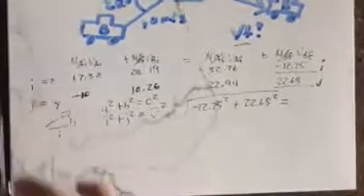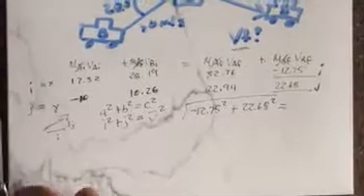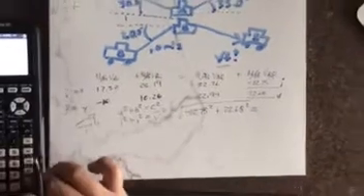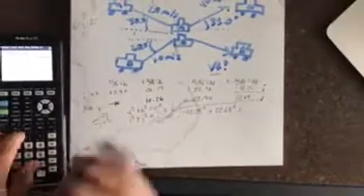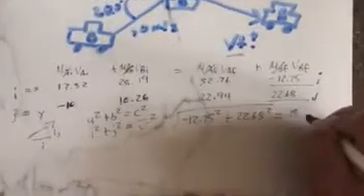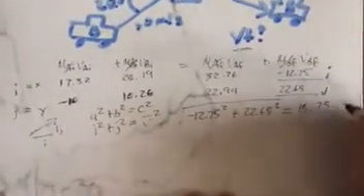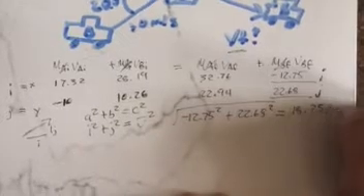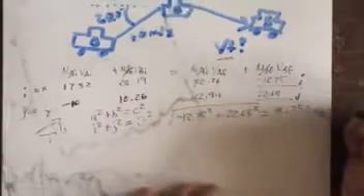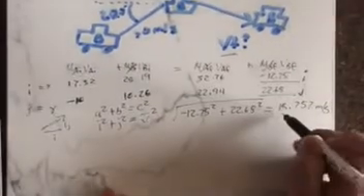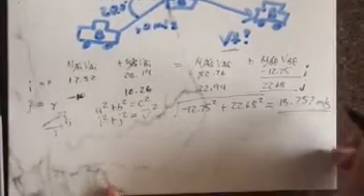And that would equal 18.757 meters per second. This is the magnitude of your final velocity for car B.